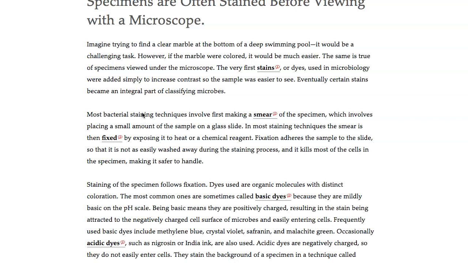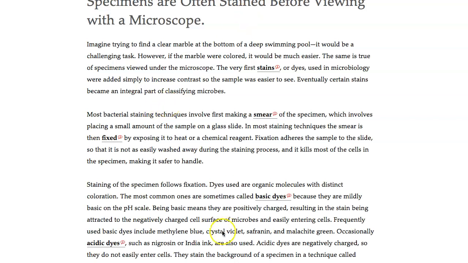Differential stains are a very, very important way of studying microbes and classifying them, and also to verify that you have a pure culture after you've prepared one, and then certainly in diagnosis as well, when we want to determine the causative agent of a specific infection.